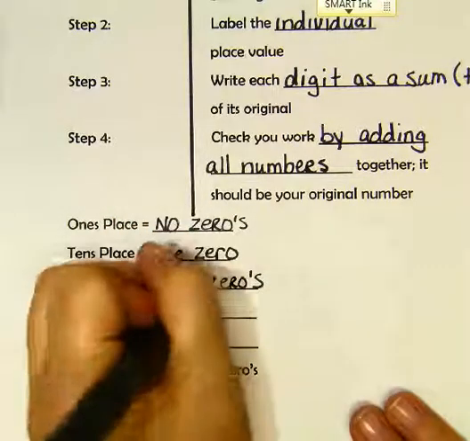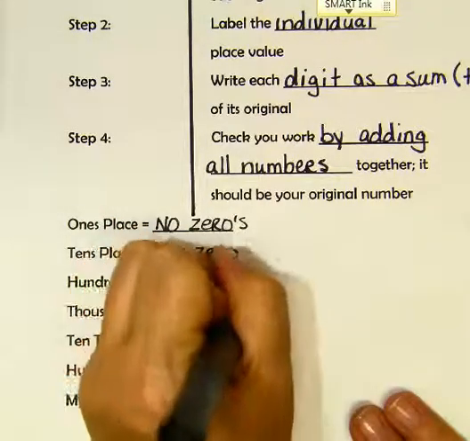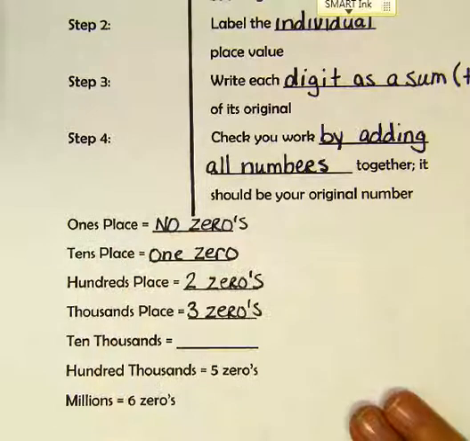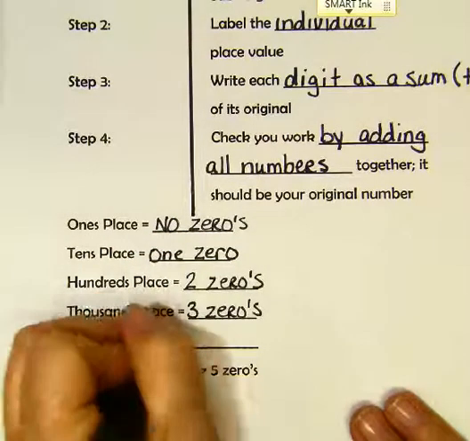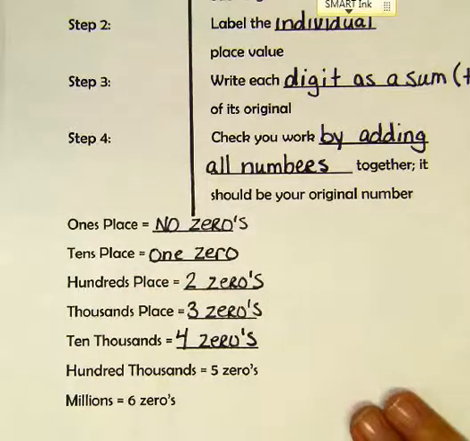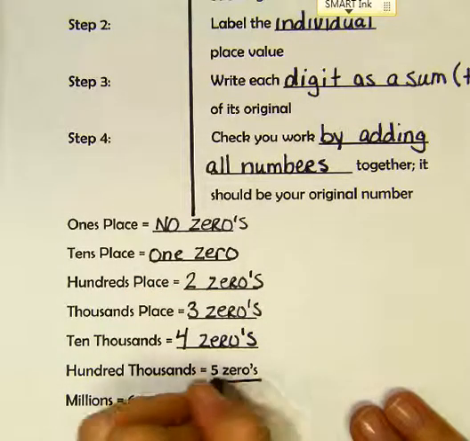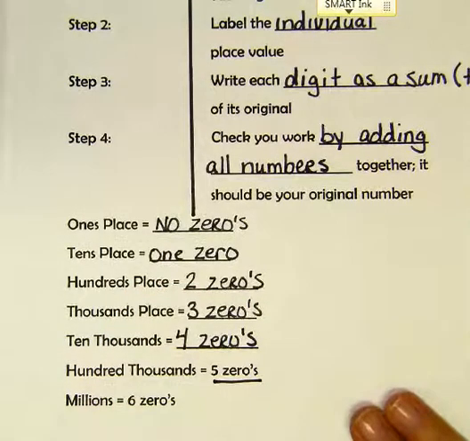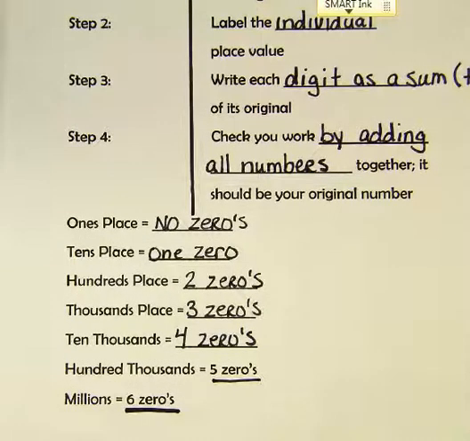Thousands place has 3 zeros. 10,000s place has 4 zeros. The 100,000s place has 5 zeros. Go ahead and underline that. And the millions place has 6 zeros. So that's going to be helpful when we write our numbers in expanded form.